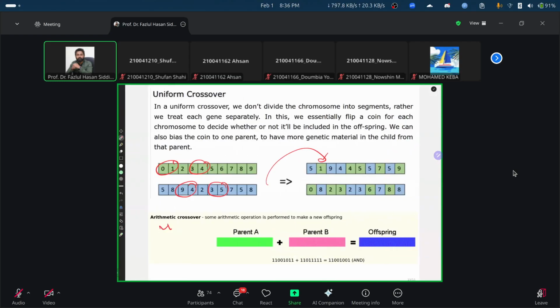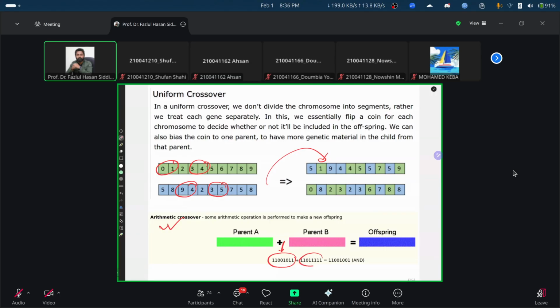And lastly, the arithmetic crossover. Sometimes for doing the crossover, we choose some arithmetic formula like AND or XOR, mostly when we are using binary chromosomes. Binary means the chromosomes are formed with 0s and 1s, like 0 1 0 1 0 1 1 1 0 1. Here you can see parent one with a binary chromosome, meaning a binary solution.